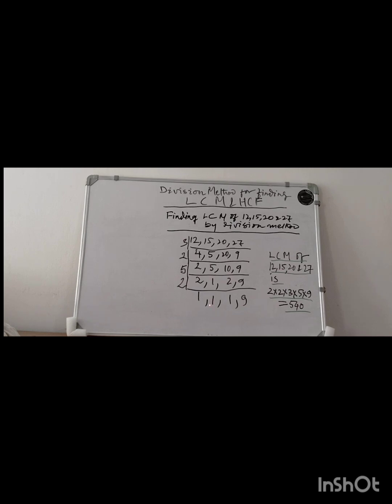Let me remind you, you continue this repetition of division until it becomes 1, undivided. It may not be that all can be divided by this, but this you have to bear in mind.